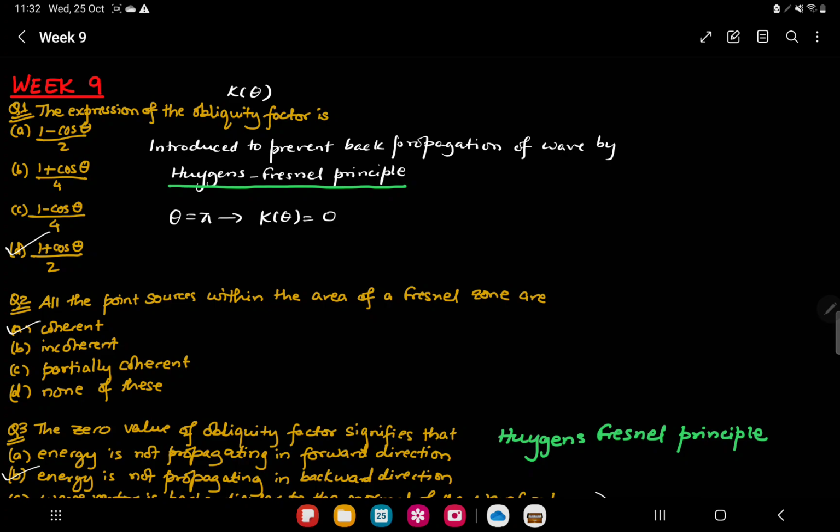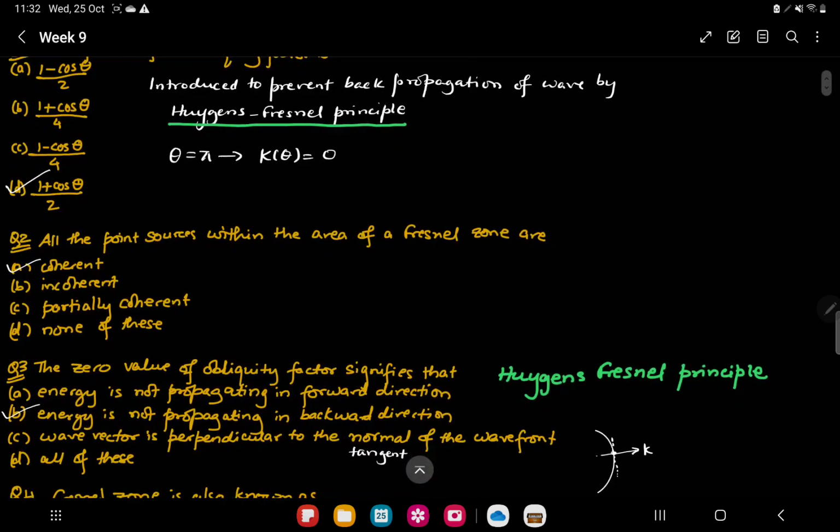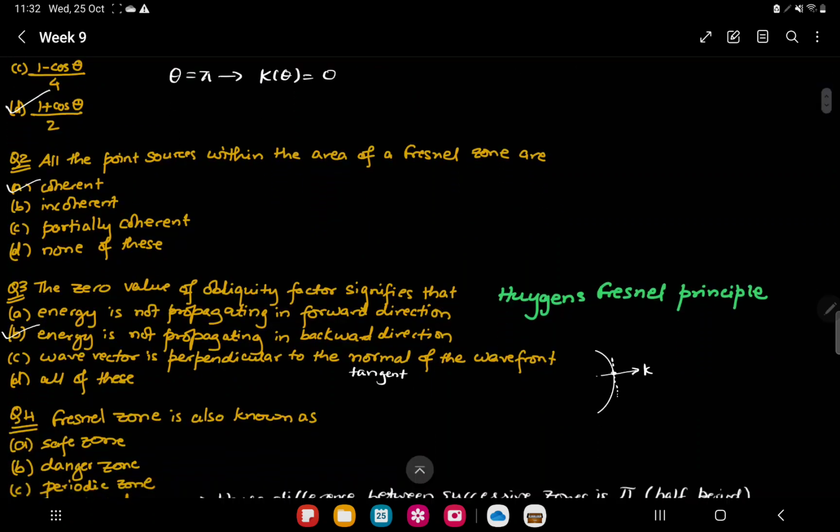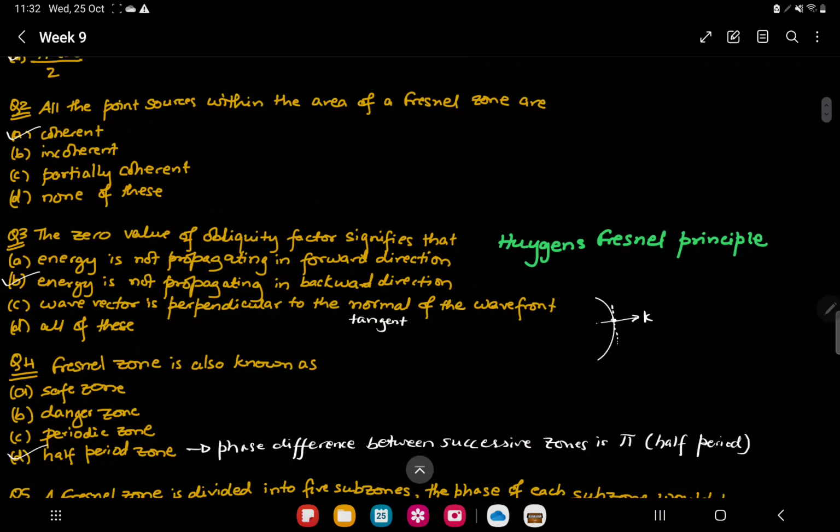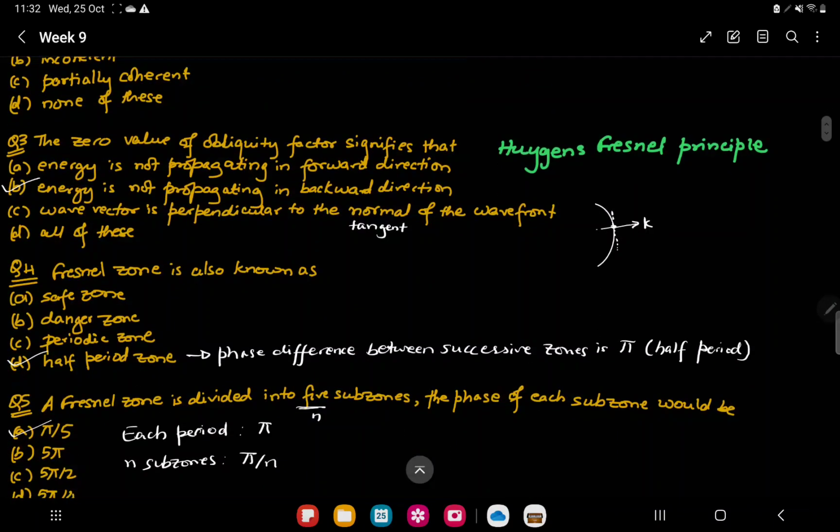So when theta is pi, the obliquity factor is 0, which means no back propagation. All the point sources within the area of a Fresnel zone are coherent. Zero value of obliquity factor signifies energy is not propagating in backward direction.